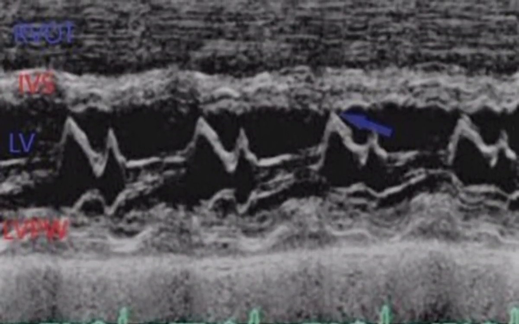It is the only mode that provides information on the position of the reflector with respect to time. If the interface, for example a valve in the heart, is moving, then the dots corresponding to it will also move, representing that wiggly line. If an interface is stationary, then no motion through time takes place and a straight line will result.